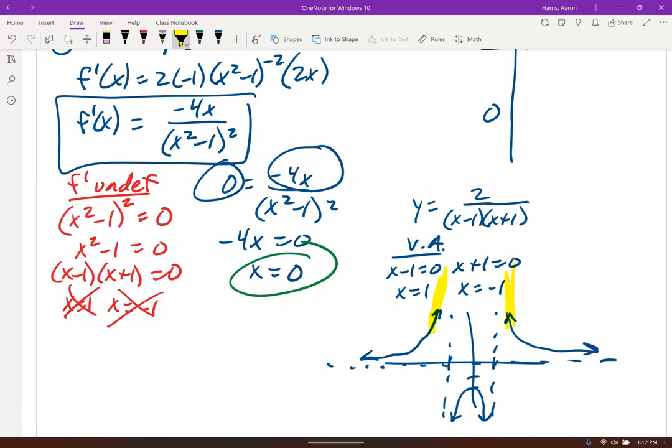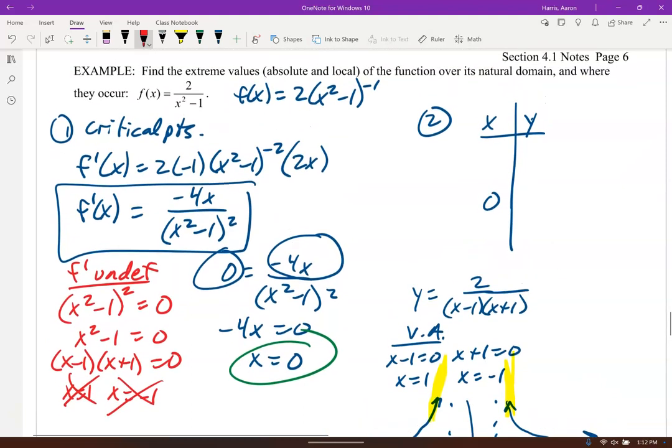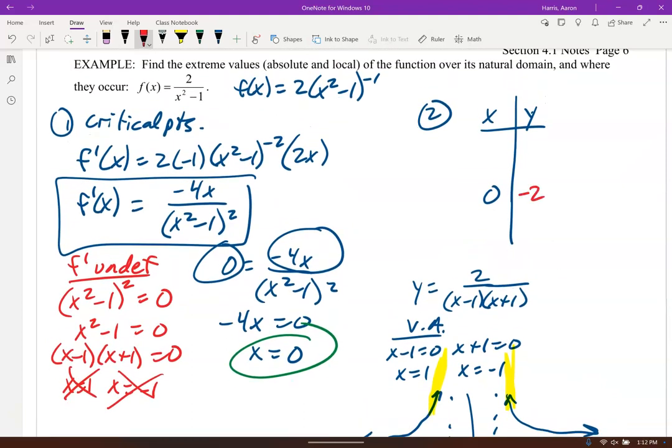I kind of gave it away with the graph, but we'll go back to the numbers in a second. Do I have a local max? Yes, I do, right there at 0. I would plug that into my original and get the point (0, negative 2).